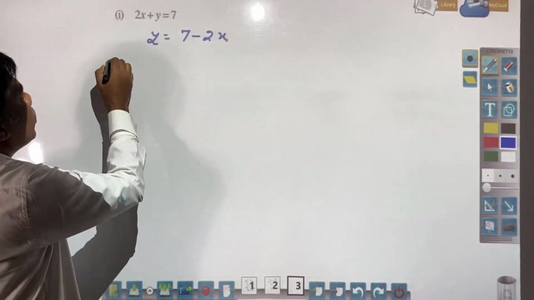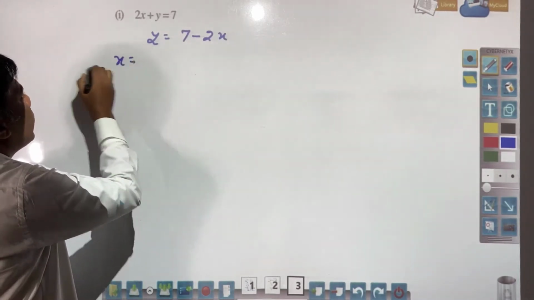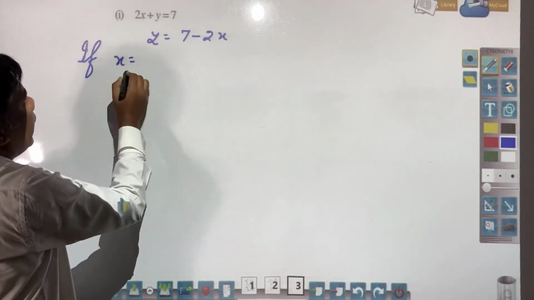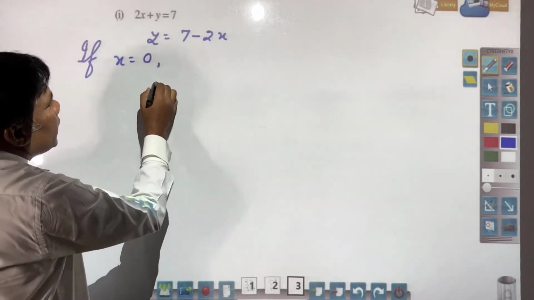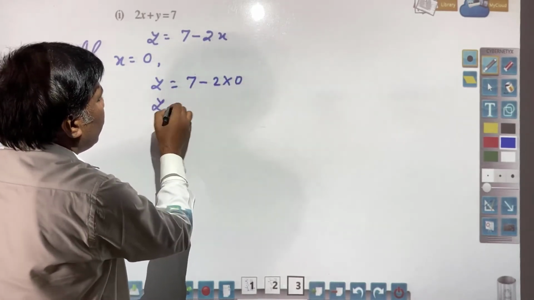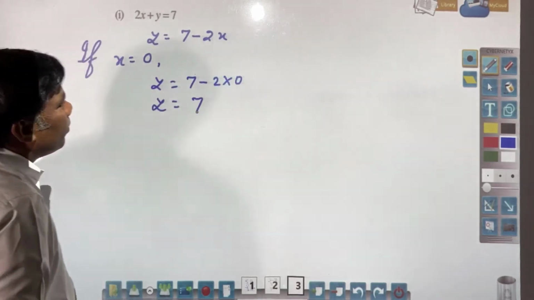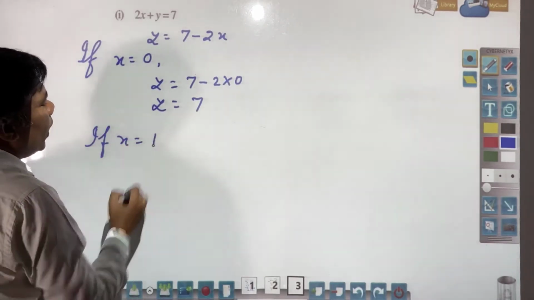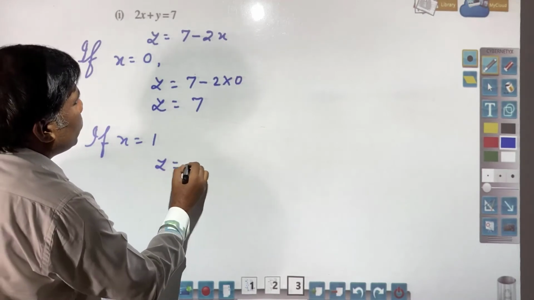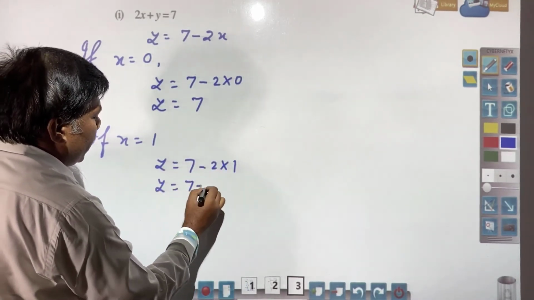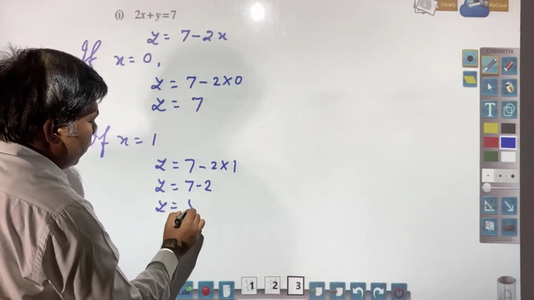Now what you need to do, just assume x is equal to, suppose x is equal to 0, in this case y will be 7 minus 2 into 0. It means y is equal to 7. If x is equal to 1, in this case y is equal to 7 minus 2 into 1. It means y is equal to 7 minus 2 and y is equal to 5.